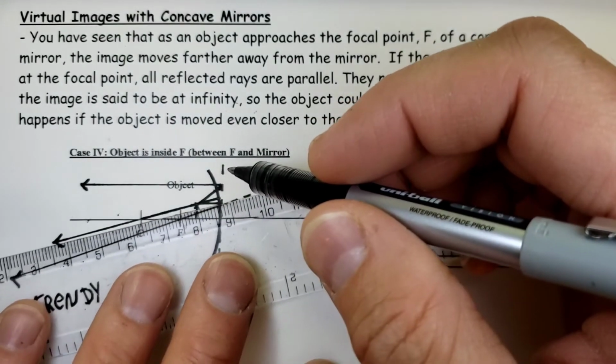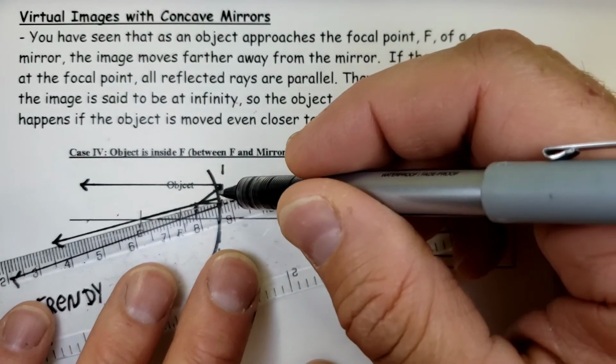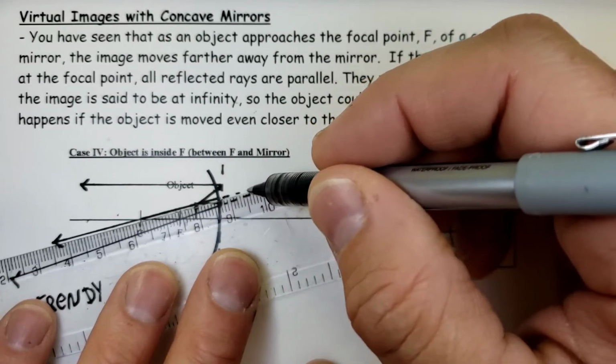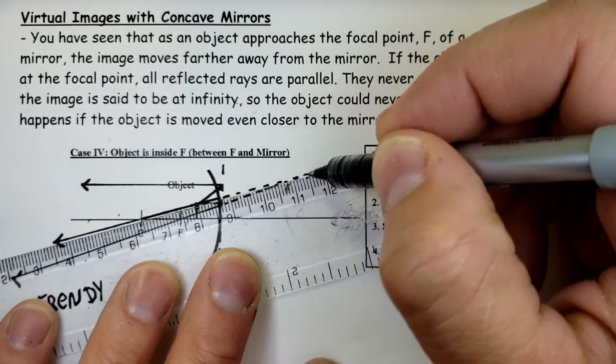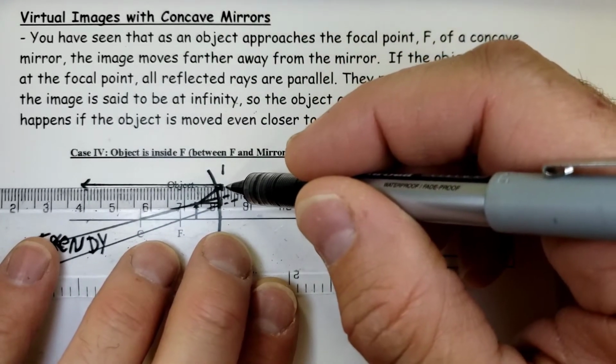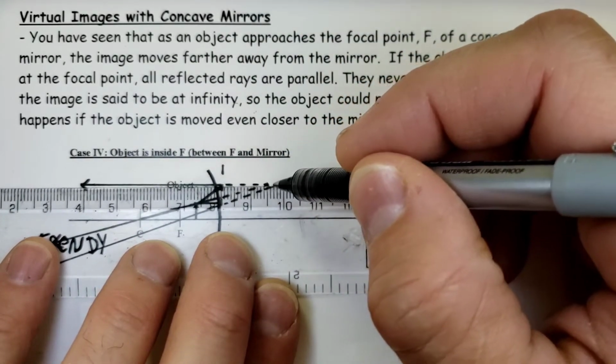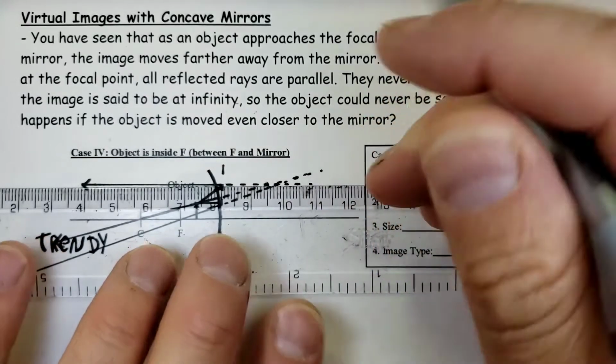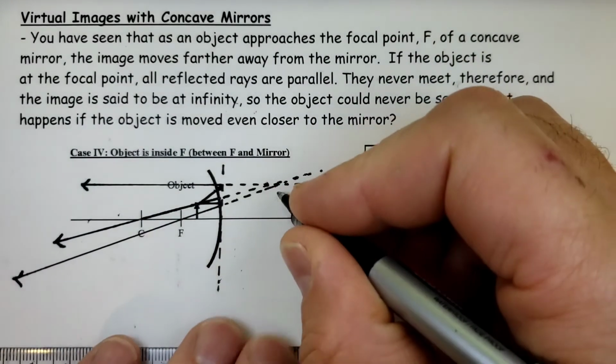This one here, in through C, out through C. Now look at that, and extend this one backwards. Look what happens, ladies and gentlemen. They all converge to a point right here.